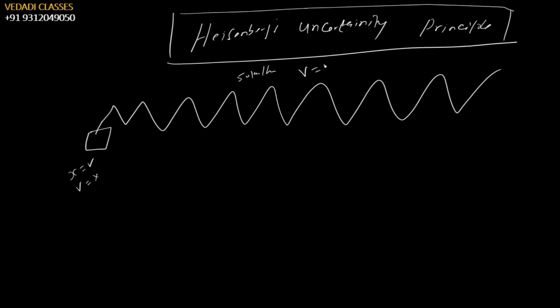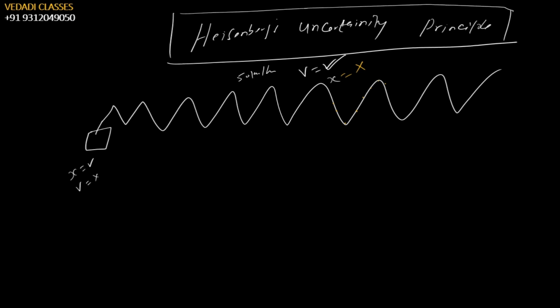So we know the v, but do you think we know the exact position of that athlete? No, we don't, because each and every moment he is changing his position.